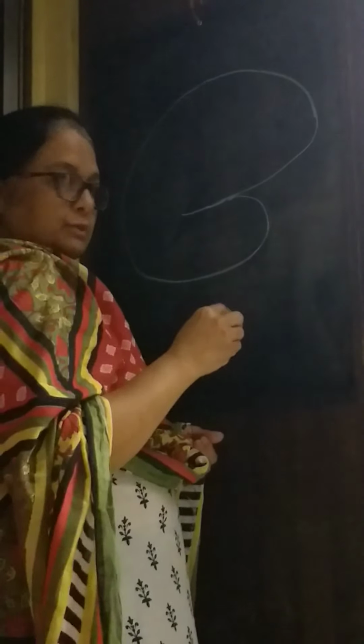So the corpus callosum consists of the rostrum, then the curved portion, the genu, the trunk of the corpus callosum, and the splenium. So this is how the corpus callosum looks. This corpus callosum is present in the middle of the medial surface of the cerebrum.